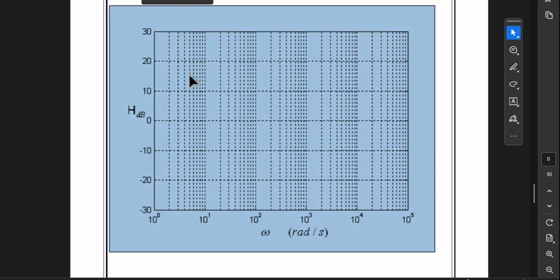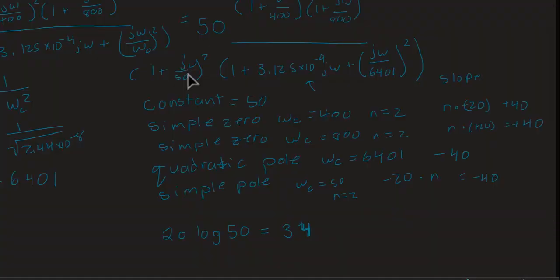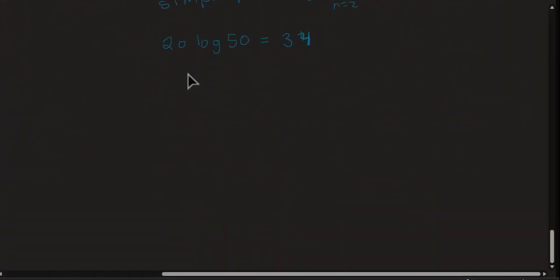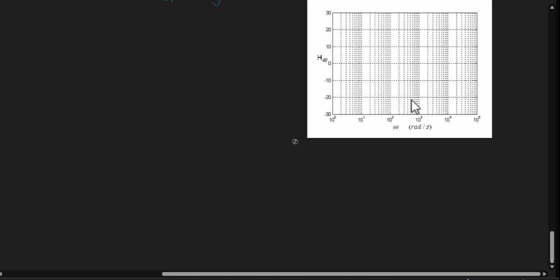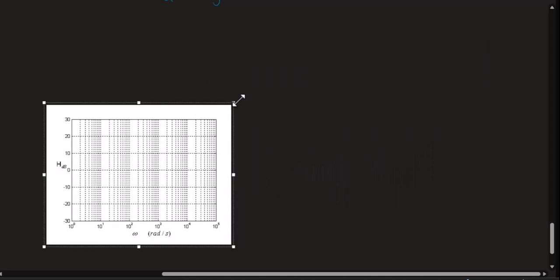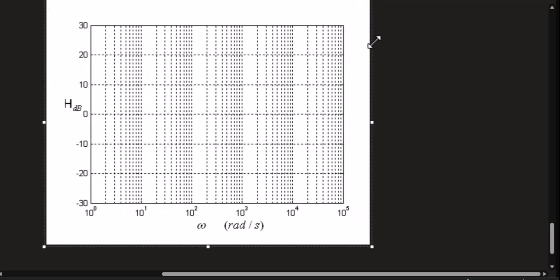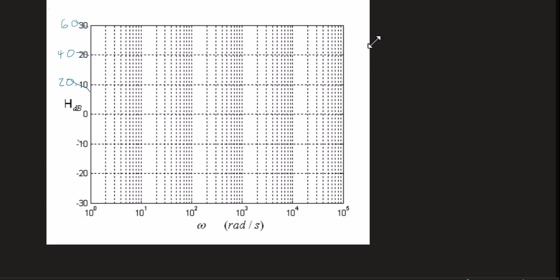We're going to multiply all these by 2, so we'll make these 20, 40, 60, negative 20, negative 40, negative 60. Okay, so our constant term was at 34, so that'll be right here. So you do that first.